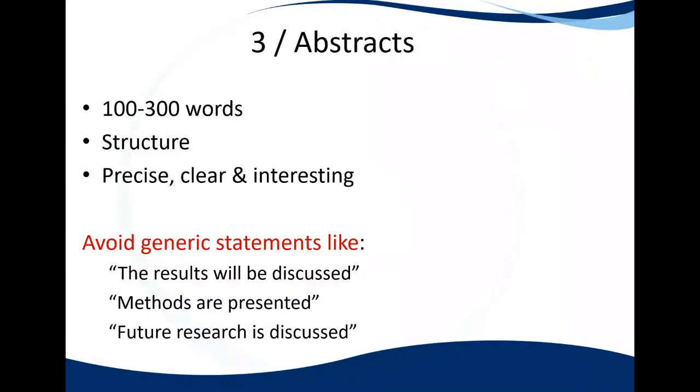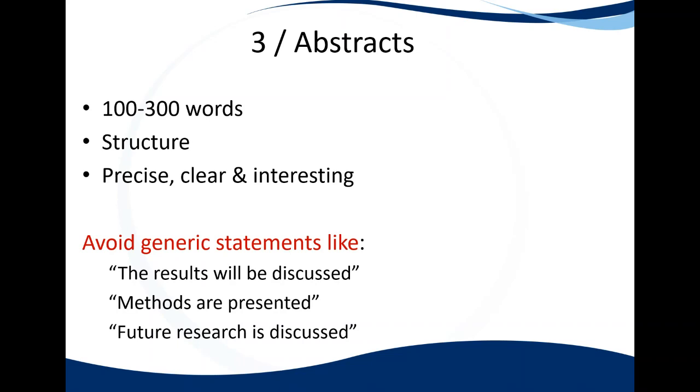I'm going to jump quickly through this one because, as I said, we've already had a whole session dedicated to writing an abstract. So your abstract is between 100 and 300 words, depending on what the journal requires. Again, the author guidelines will direct you in terms of how long your abstract should be.